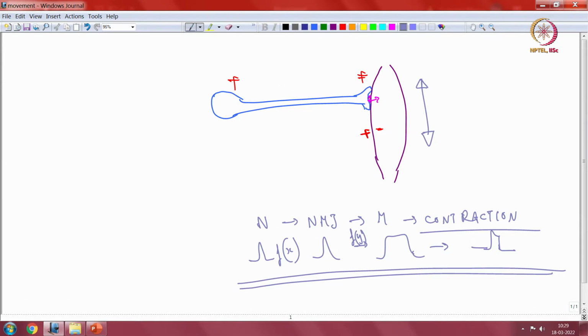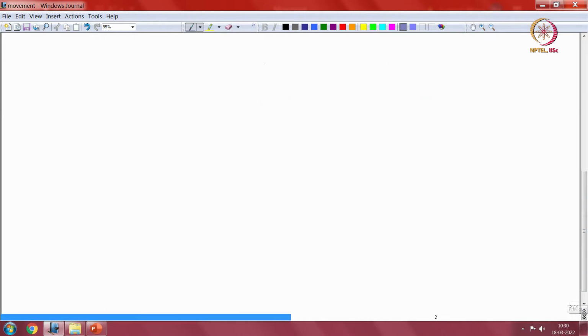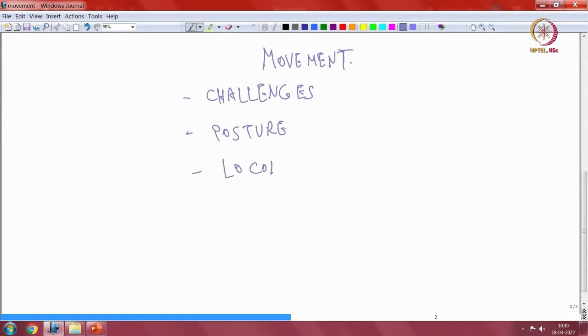But real world situations have a lot of uncertainty, and we need to find out how uncertainty is handled at various levels. So, let me split up the issue of movement into: what are the challenges, posture, locomotion, and mechanism.